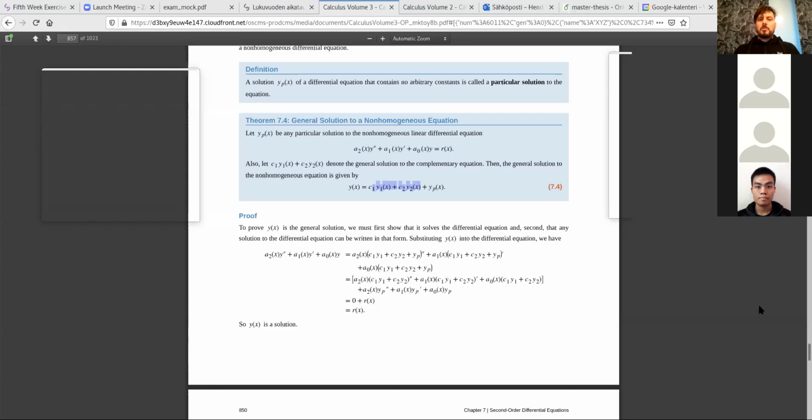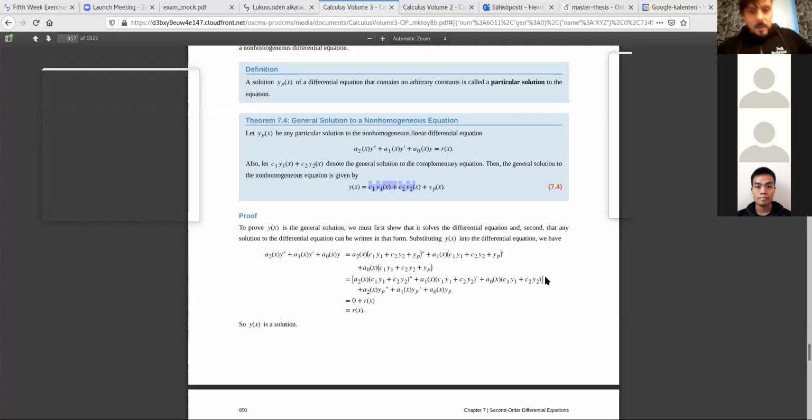Now, this may seem strange because the particular solution here may be such that there may be many particular solutions. But the thing is, it's always somehow captured by these: if you take two particular solutions and take their difference, then the difference will always be expressible in terms of this generic solution.